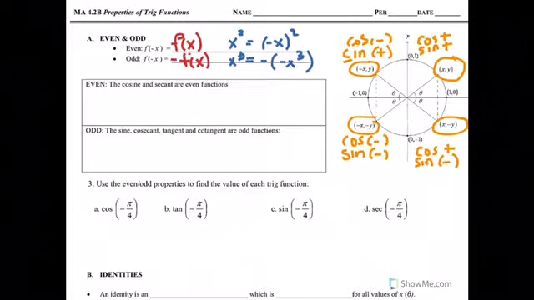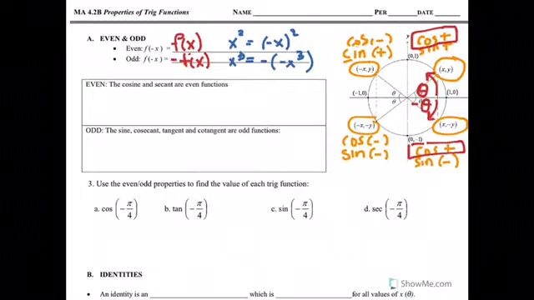So what does that really tell us about whether something's even or odd? Remember, this is a positive angle going this way. This is a negative angle going this way. Look what happened to the cosine when we plugged in a positive angle: positive cosine. Look what happened when we plug in a negative angle: we still get a positive cosine.